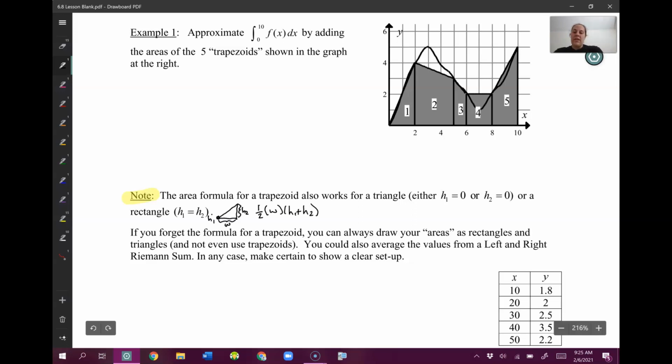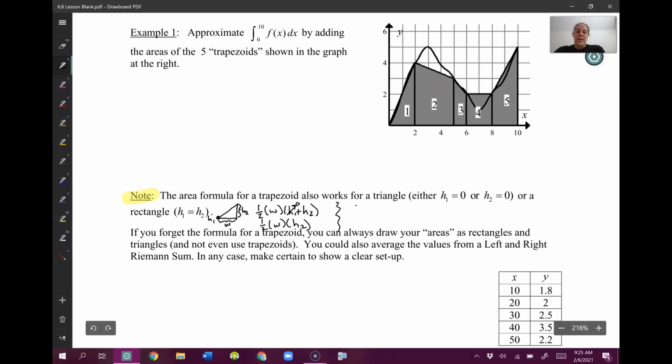Well, do you see this H1? That's 0 because that's flat. So just like we have right here, this side, this H is going to be 0. So this is really 1/2 times width times H2 because that goes to 0. And there you go, 1/2 width times height. There's your area for a triangle.